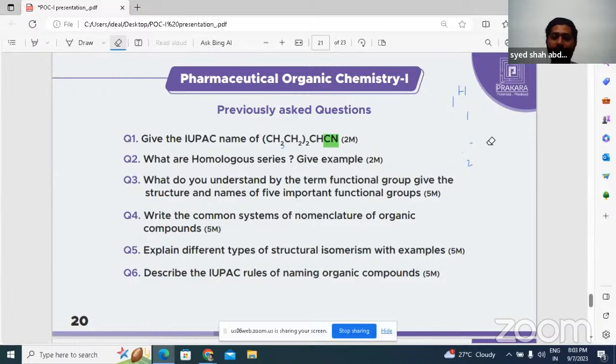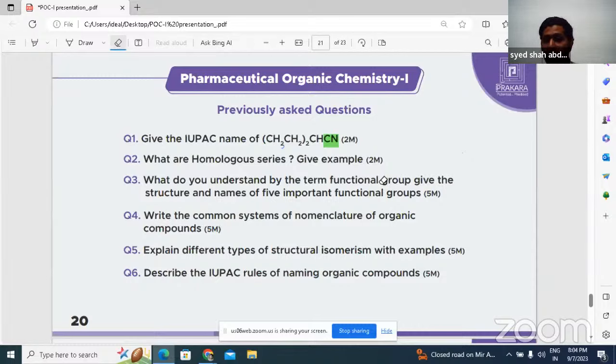So like homologous series, give examples; we can now easily write about the different homologous series of alcohols, carboxylic acids, and halo compounds. Okay. Now, what do you understand by the term functional group? A functional group gives the specific property of the hydrocarbons. Like carboxylic acids have a characteristic feature, and alcohols have a characteristic feature.